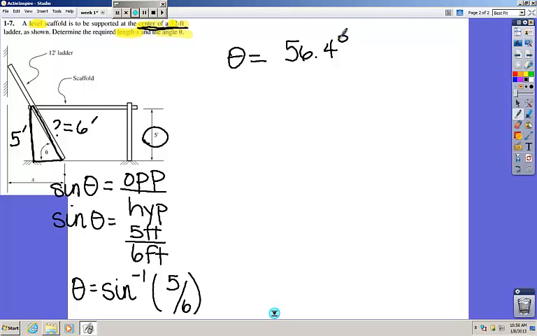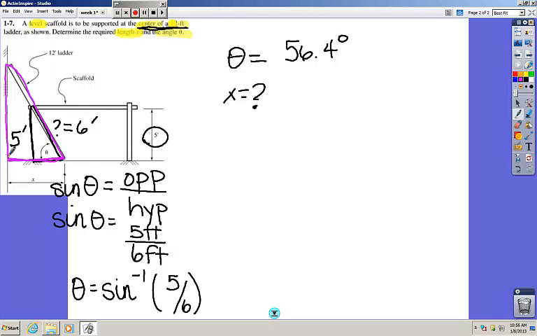So now I need to know x, and I at least now know the angle theta is 56.4 degrees, and I have another triangle. So now you can see I'm showing you that triangle in purple.